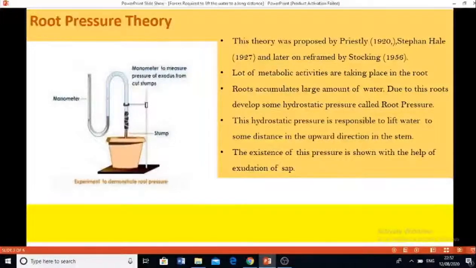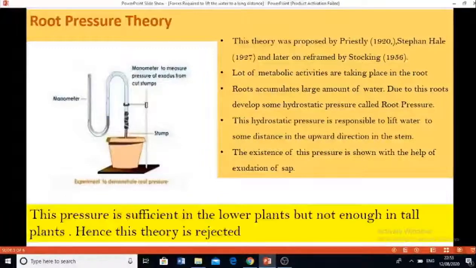The existence of this pressure is shown with the help of exudation of sap and the process of guttation. It is observed that this pressure is sufficient in lower plants but not enough in tall plants. Hence, this theory does not receive any support.